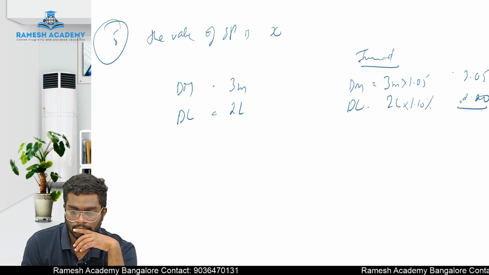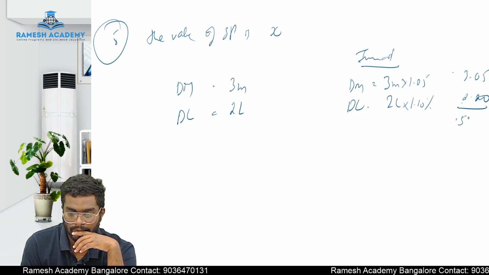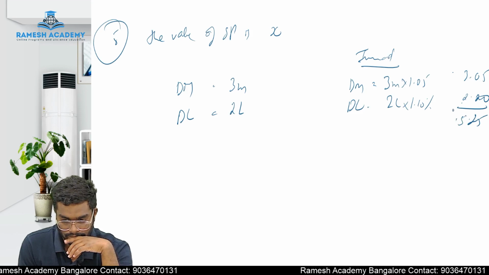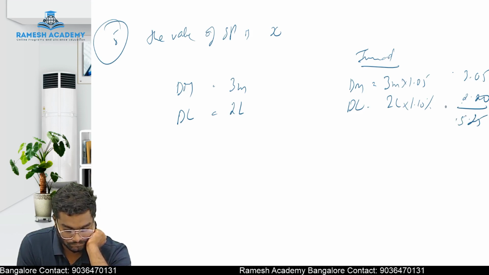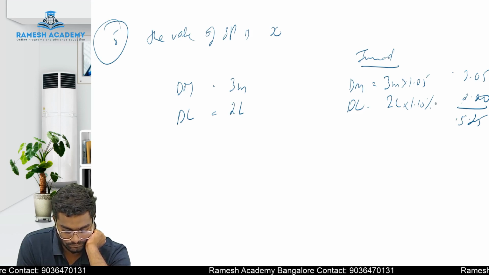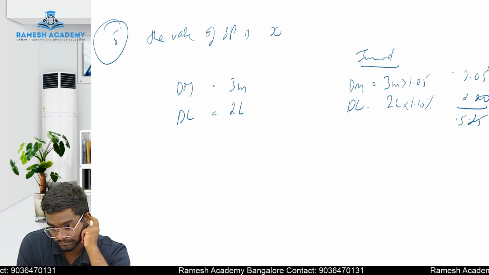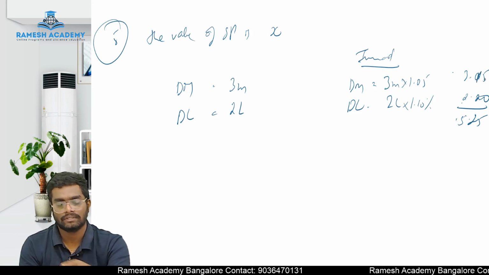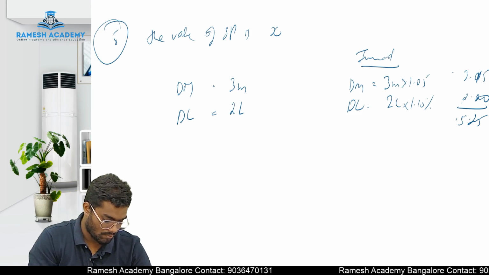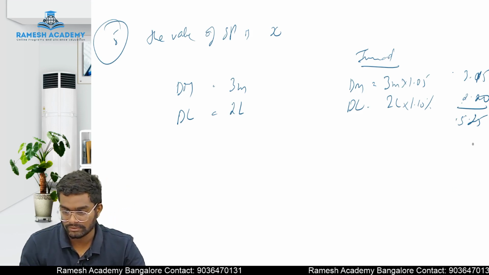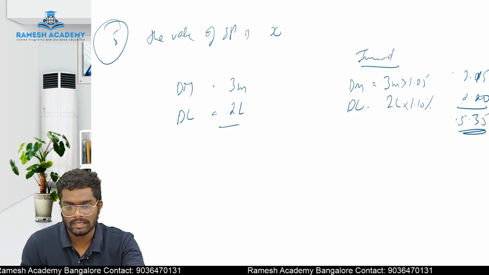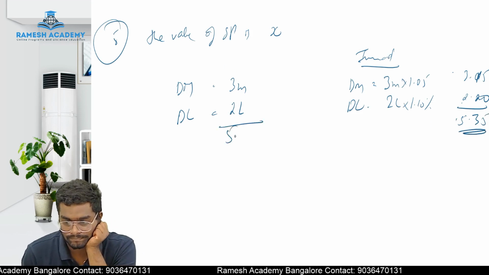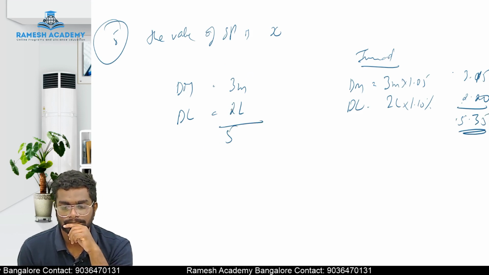So 3 into 1.05 is 3.15. I'm sorry, it is 5.35. It has increased. Earlier it was only 5, because 3 plus 2 is 5.